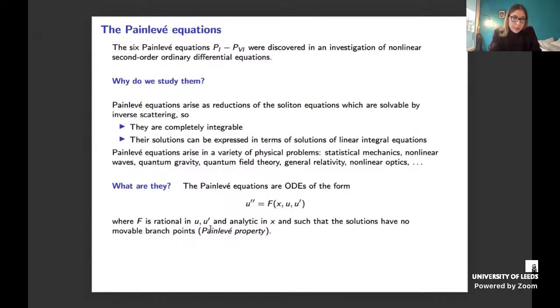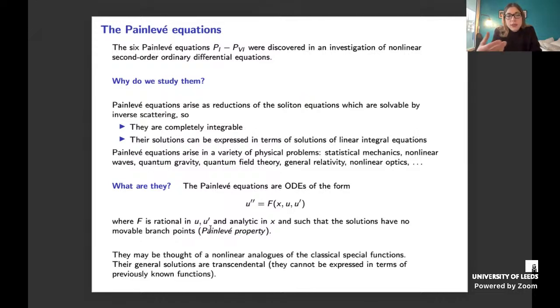And so they found a collection of 50 canonical equations. For many reasons, the interesting cases are actually the 6 canonical Painlevé equations, whose solutions are known as the Painlevé transcendents. Why this name?